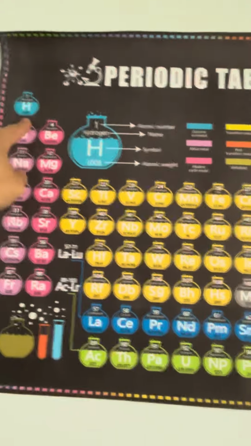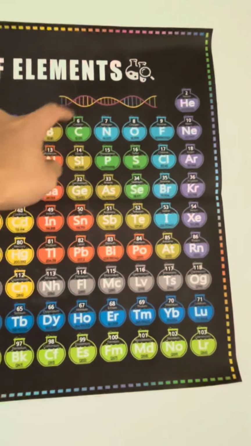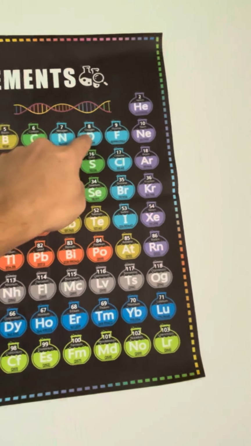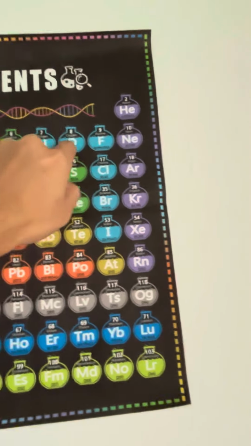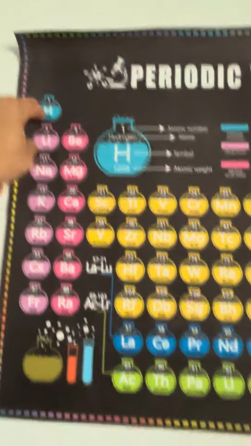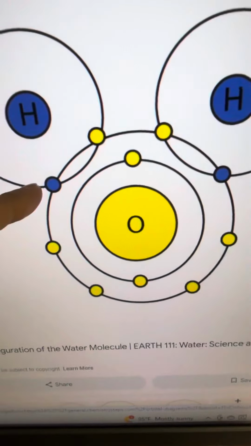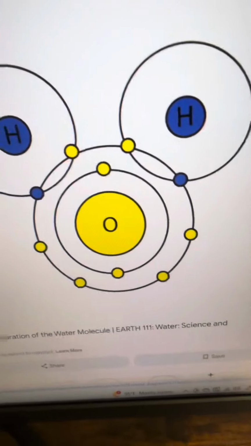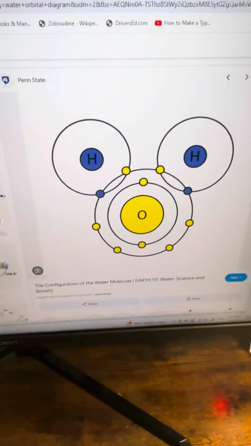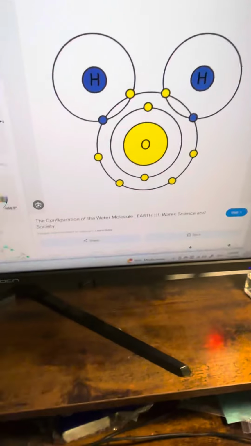So oxygen has 1, 2, 3, 4, 5, 6 valence electrons, but it wants to get to 8. And then hydrogen has 1. So if we take 6 plus 1, 2, then we get 8. And now water's happy and very stable.